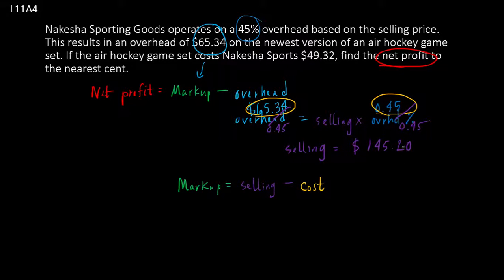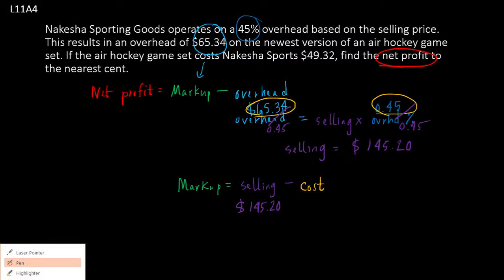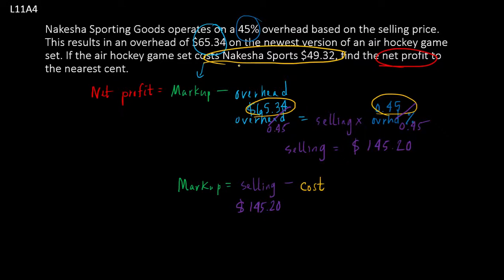Now I can plug that into markup. So I plug in my 145.20 and I ask myself, okay, cost, do I know cost? And it turns out they did tell us that the cost to the store was $49.32. Simplifying this will tell me that my markup is equal to $95.88.